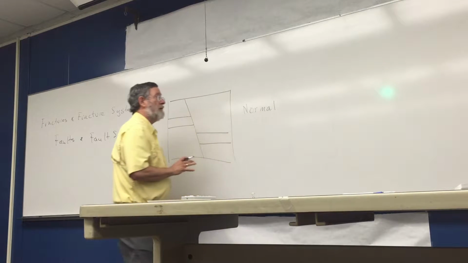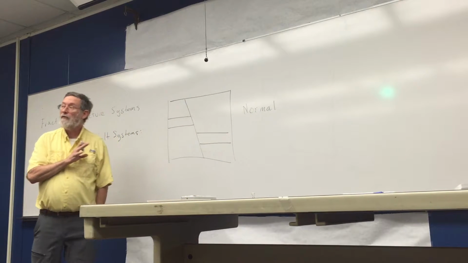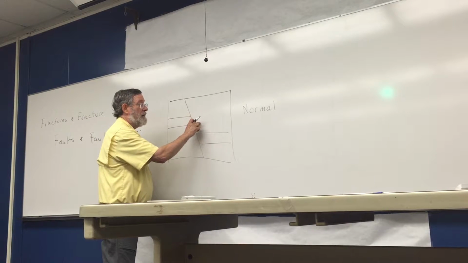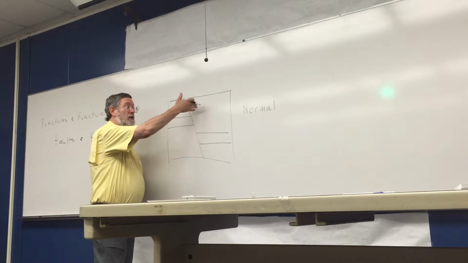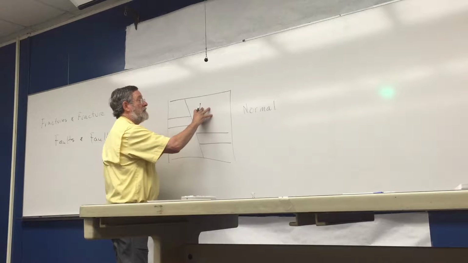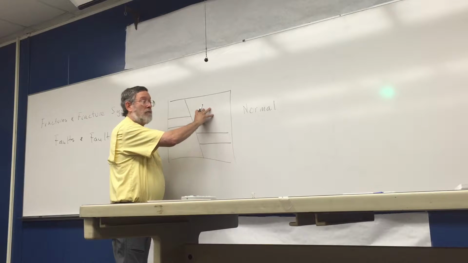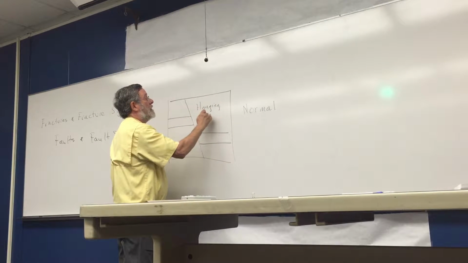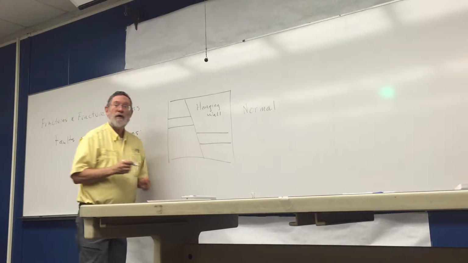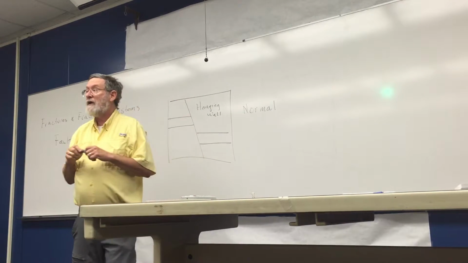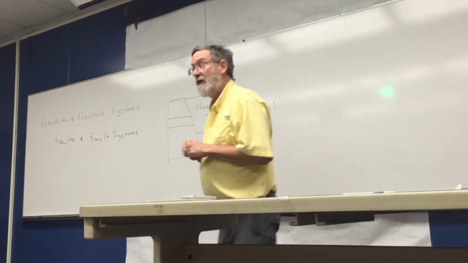And what we're going to say about a normal fault is that the block here that is above the fault plane itself, we're going to call this the hanging wall, because it is perched above the fault plane itself.